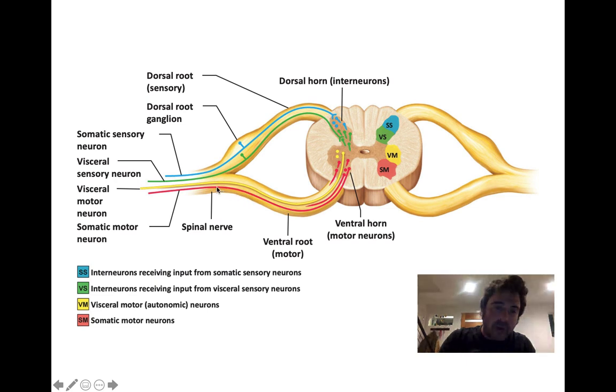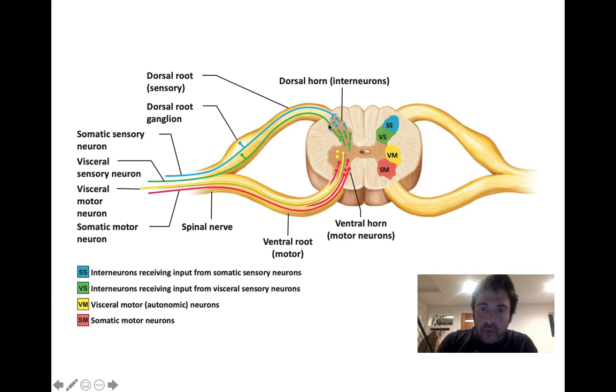These somatic motor neurons extend all the way out until they ultimately innervate skeletal muscle. So somatic motor neurons are responsible for forming the medium through which the central nervous system communicates with the skeletal muscles in your peripheral nervous system.